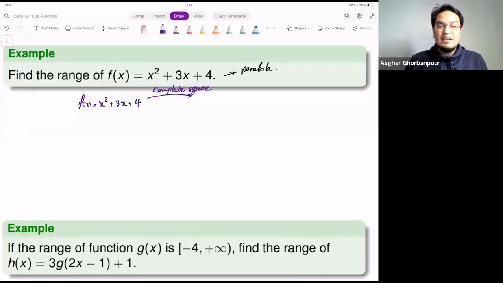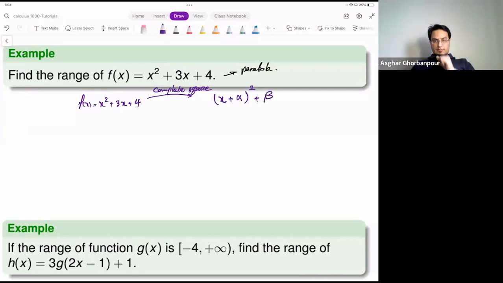Completing a square of a quadratic means that you want to write it as x plus something to the power 2 plus something else. More generally, there will be some constant also here. In this case, I don't have that because that's 1, so I won't be worried about that one. But this is called completing a square.